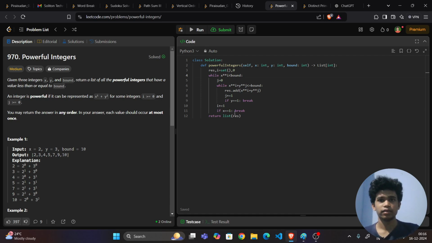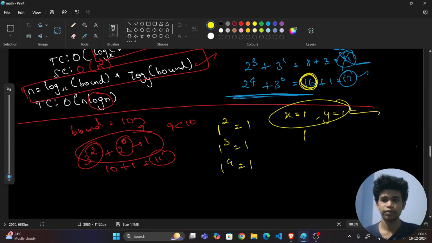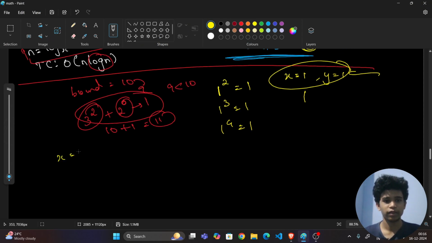Yes. See here, if x value is 2, and they have given the bound as 10, and they have given y as 1. If I put x as 2 power 0 plus 1 power 0, it is 1 plus 1, right?